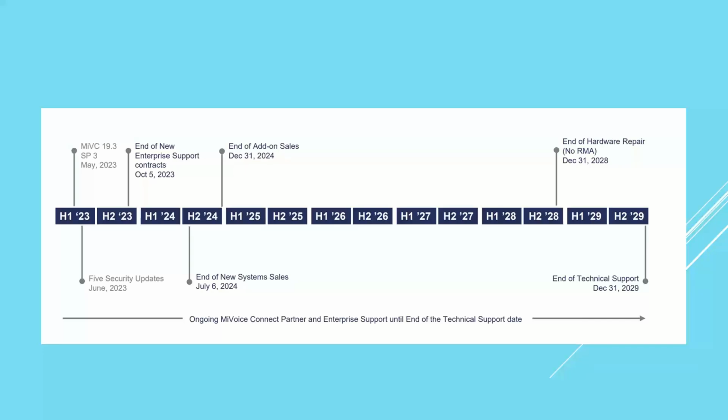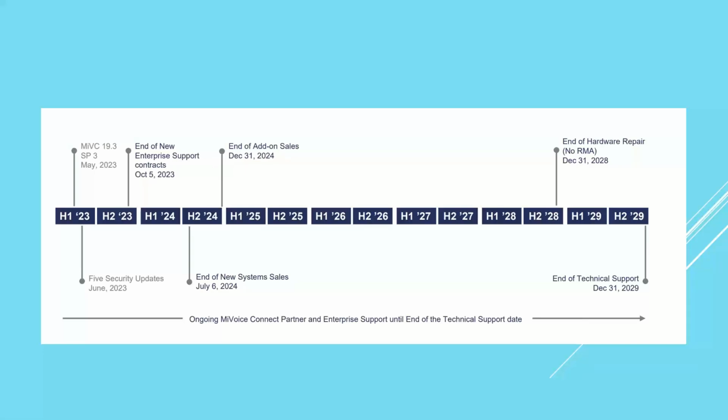So here is what that timeline looks like. Again, it runs through kind of the end, December 31st, 2029 is the actual end of technical support, really end of life. The other big important date that we have that's coming up is this end of add-on sales, which is coming at the end of next year, so December 31st, 2024.